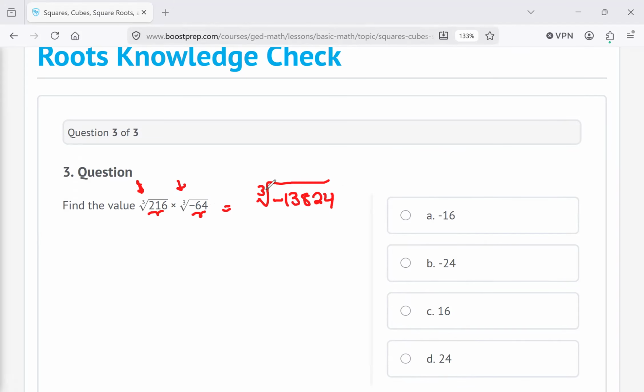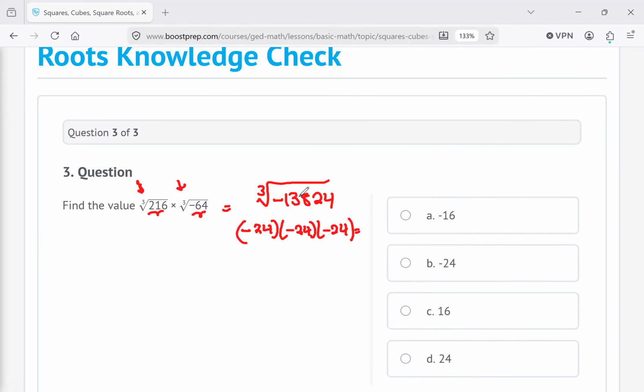Can you think of a number times itself 3 times that will give us this one? I guess it would be negative 24. If you don't believe me, try it out. A number times itself 3 times: negative 24 times negative 24 times negative 24.